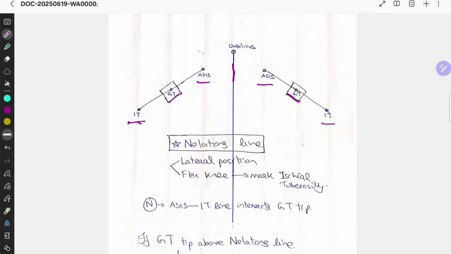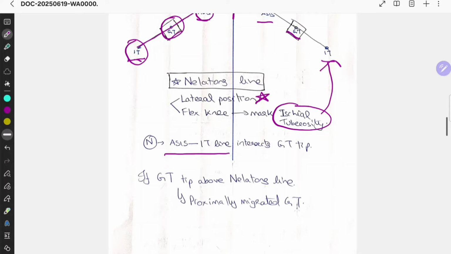Okay, so Nelaton's line is always taken in lateral position. So you flex the knee and mark the prominent point, the ischial tuberosity. Normally, as I've shown in this figure, the line joining ASIS and ischial tuberosity crosses the tip of GT.